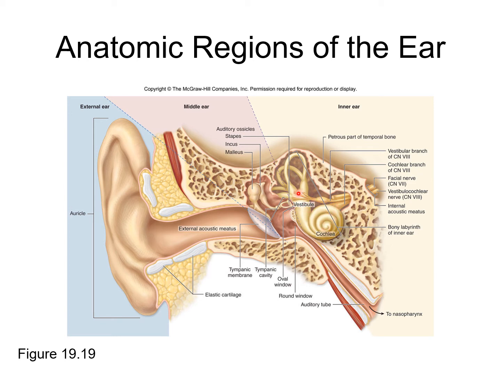Connected to the internal parts of your ear, we have our vestibulocochlear nerve, which sends the message to the cortex in your brain, your auditory cortex, so that your brain interprets what you've just heard. So one more time, the sound waves enter your external acoustic meatus, vibrating your tympanic membrane.